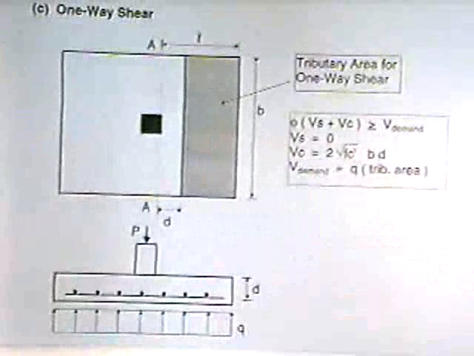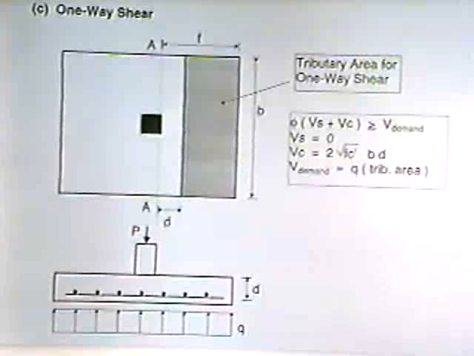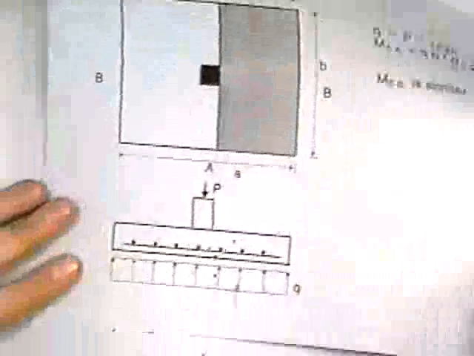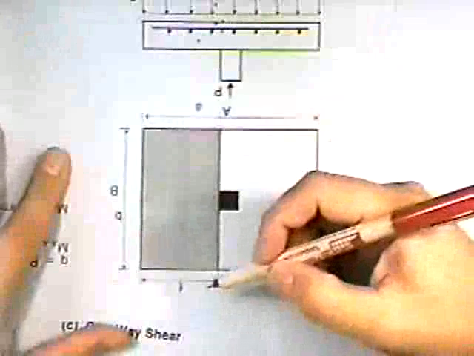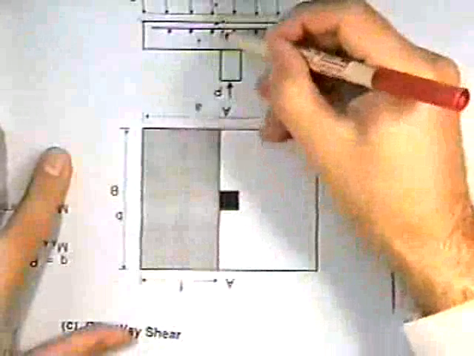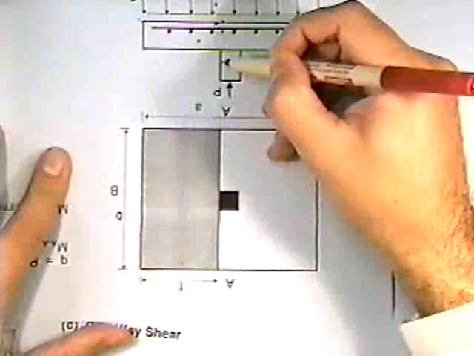Why did that tributary area kick out D all of a sudden? A minute ago it was jammed up against the face. Now it's out. For the previous part, it was for flexure. If you flip your diagram upside down, where does your maximum moment occur? Right at the face of the column. Does everybody see that?